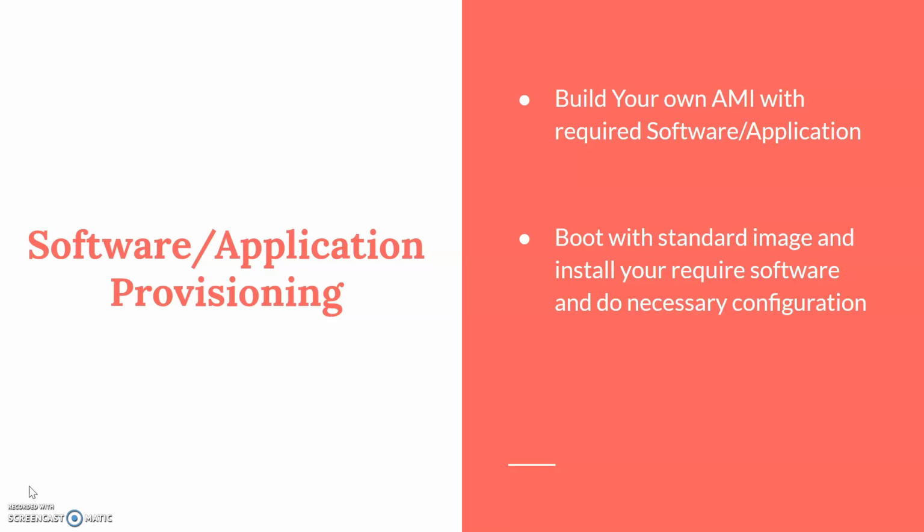Then take the AMI backup and use the same AMI backup in all new installations. So you have a ready-made AMI which will work with all your future configurations. That's a single approach. The other approach is that you can take any standard AMI and configure your required software using the Terraform functions, such as file upload and script execution.